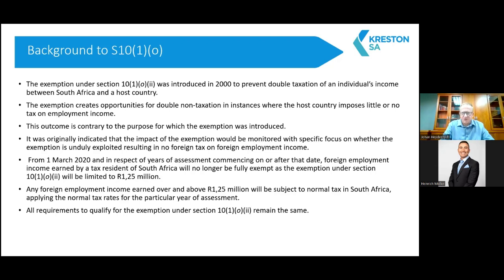So unless you formally cease to be a South African tax resident, you'll pay tax on it. There's no exemption on the excess over the 1.25 million rand. And again, the 1.25 million rand has remained constant since 2020. And as we all know, the rand has weakened so much that in dollar terms, that is about two thirds of what it should be.